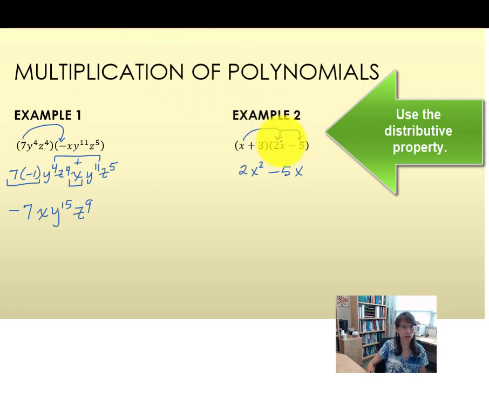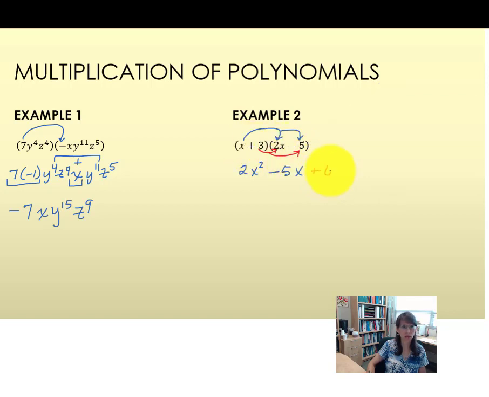My next distribution is +3 times each term in the other quantity. 3 times 2x is +6x, and 3 times -5 would be -15. So you'll notice here in the middle, I have like terms, and those like terms need to be combined.